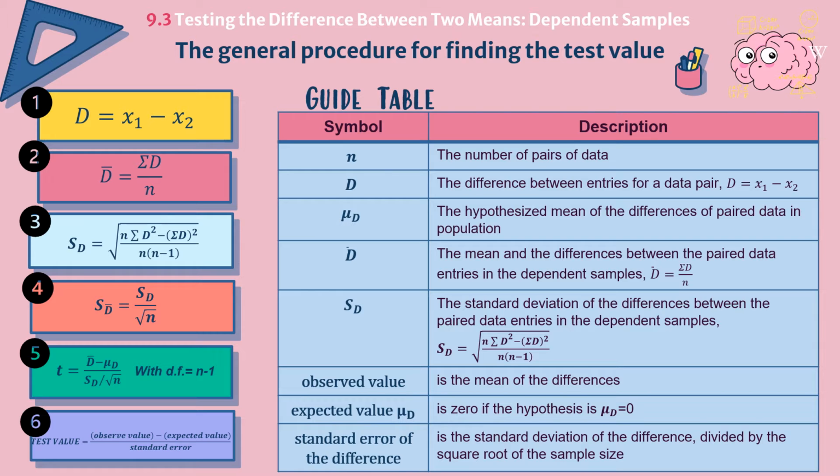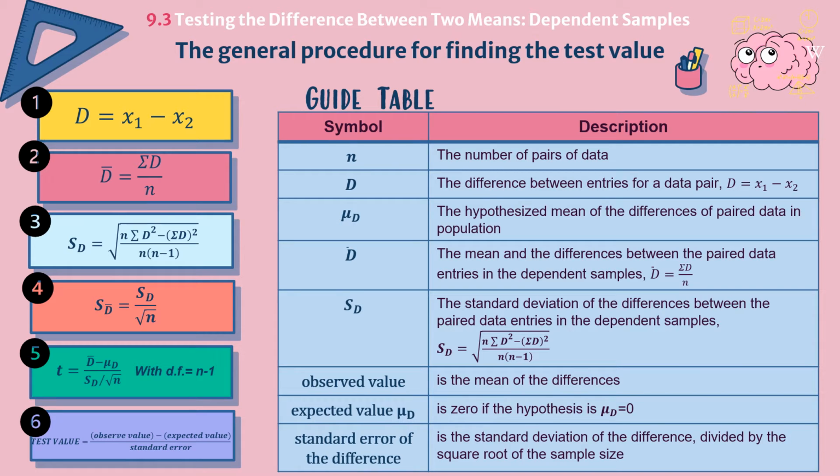D bar, the mean of the differences between the paired data entries in the dependent samples. We have D bar equals summation of D all over N. The next, S sub D, the standard deviation of the differences between the paired data entries in the dependent samples. We have this formula.